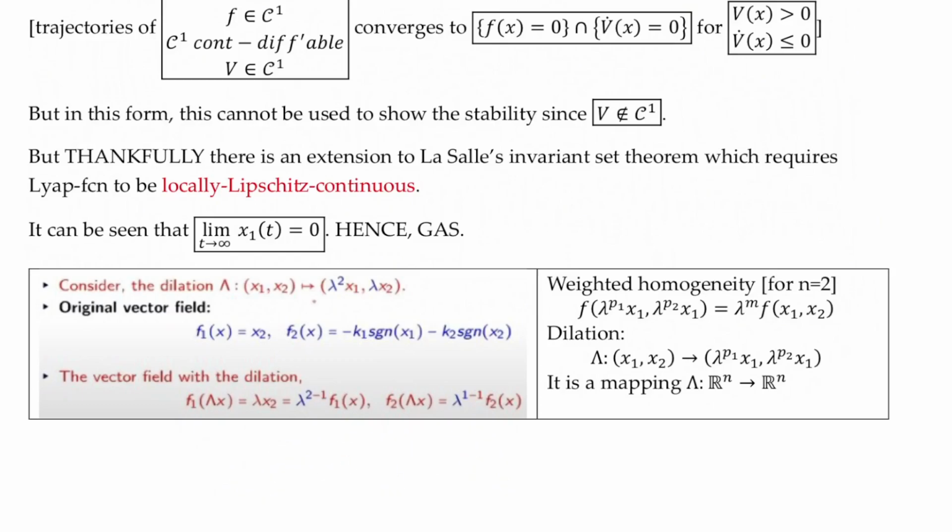And this is the validation. I will skip over this, or I will go over it. And here is the dilation. This operation is defined as given, and here is the vector field. This is the vector field of interest, and the vector field with the dilation is that, right?